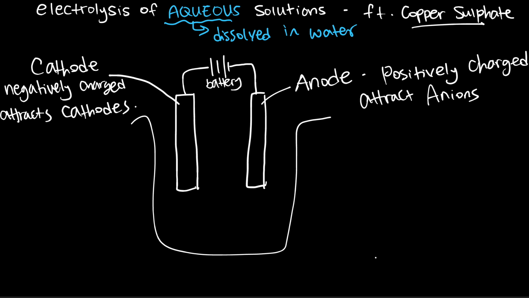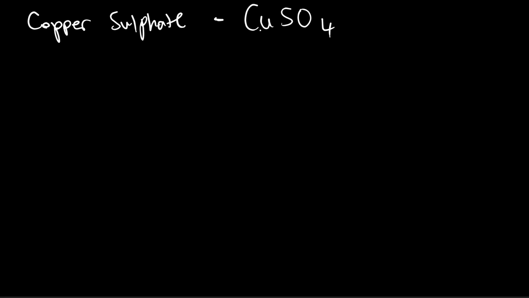So, step one, we're going to first have copper sulfate, right? Let's work out which ions we have. Copper sulfate is CuSO4, by the way. So we have a copper atom, sulfur atom, and 4 oxygen atoms. So work out which ions. What ions do we have in the solution?